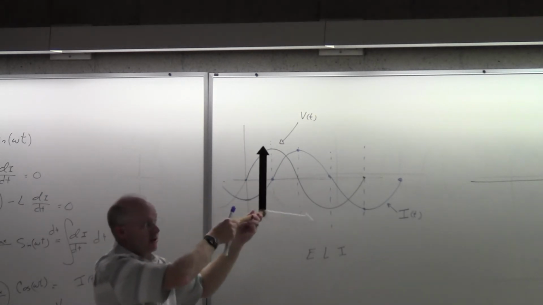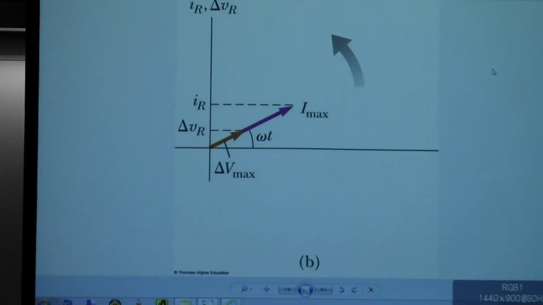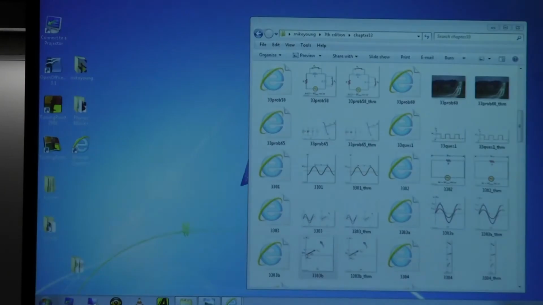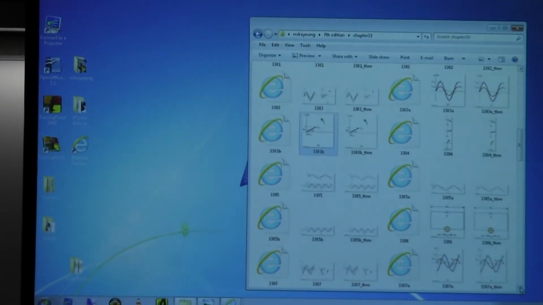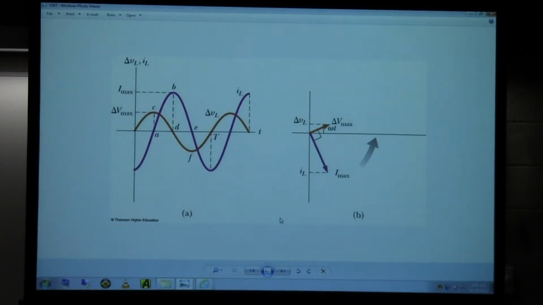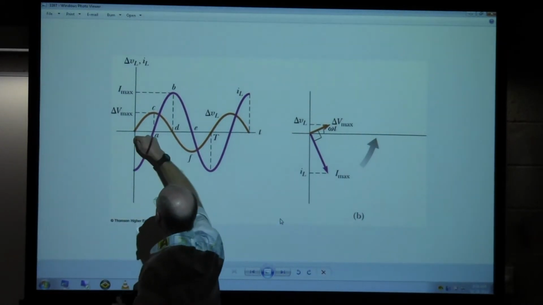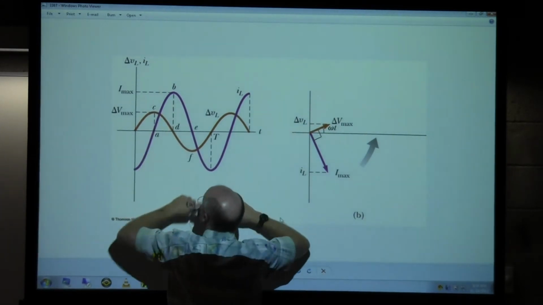And so there is my phasor diagram. Switching back to your textbook, thank you, I look at what your author has done here in terms of the phasors for an inductor. He's saying, look, you can look at it in either way. You can look at it as a voltage and then the current peaks a little later.